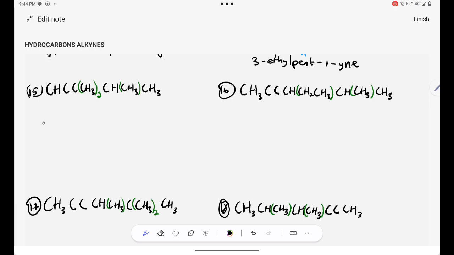Okay, I simply have CH like this, and a C with CH3 and a CH3 there. I have a CH with a CH3 and then a CH3. Just write the hydrogens over there.